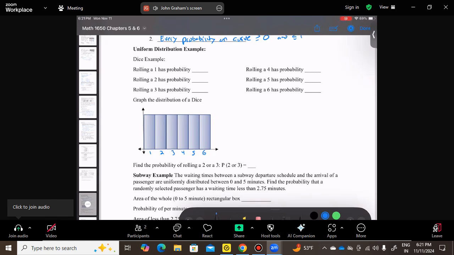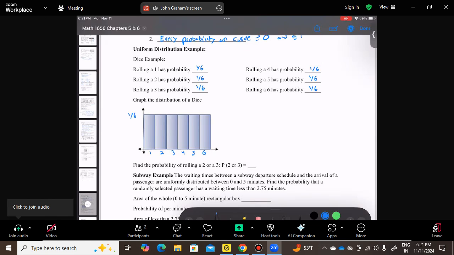The probability to roll a 1 is 1/6, to roll a 2 is 1/6, to roll a 3 is 1/6, and to roll a 4, a 5, and a 6 are all the same probability of 1/6. That's what makes it uniform.